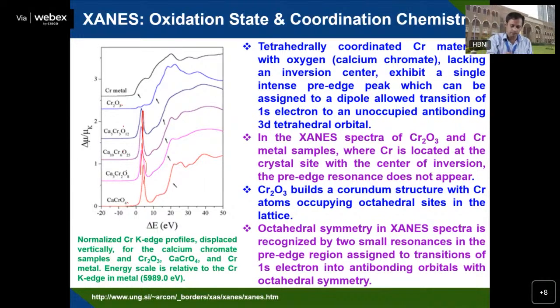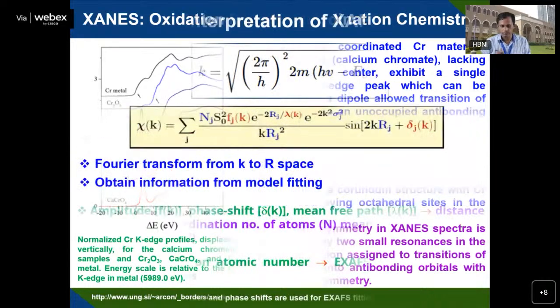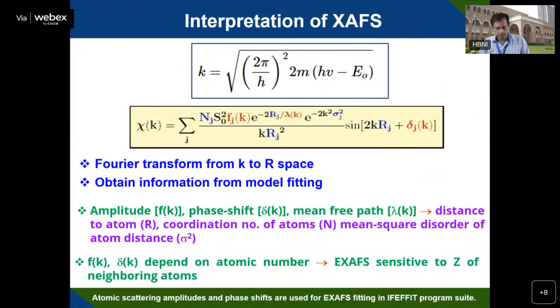And here you can see the absorption edge is also shifting to lower delta E when you have tetrahedral coordination in comparison to octahedral geometry. So based on that, I have shown just one example of coordination chemistry. For other materials, whether octahedrally or tetrahedrally coordinated, that information you are able to get from these spectra.